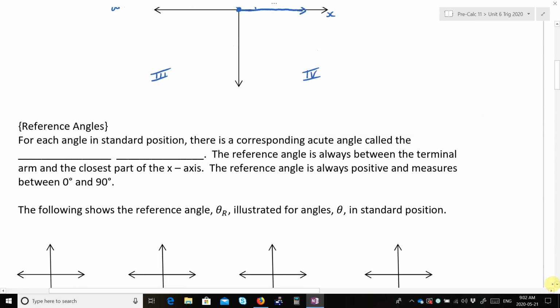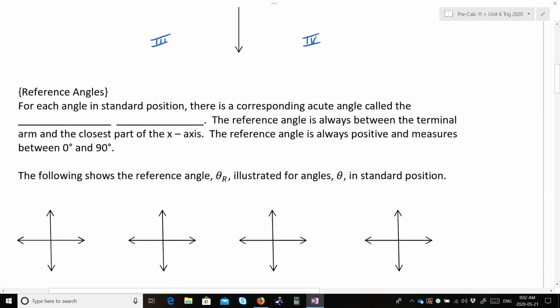Okay, and so that brings us to something called reference angles. For each angle in standard position, there is a corresponding acute angle. An acute angle is a small angle between 0 degrees and 90 degrees.